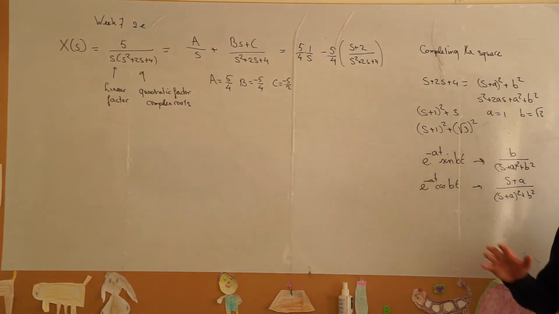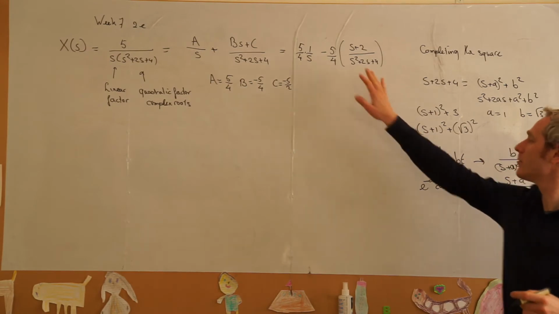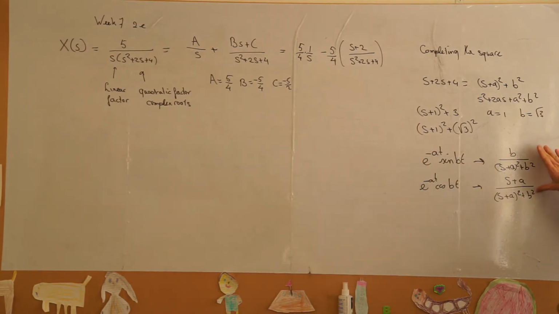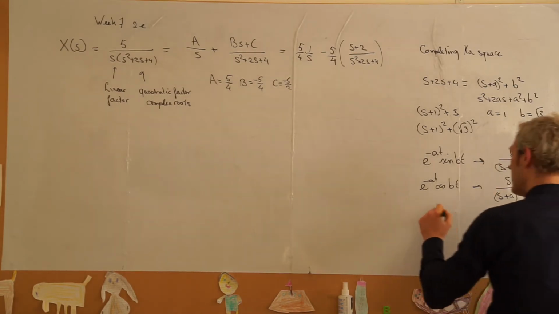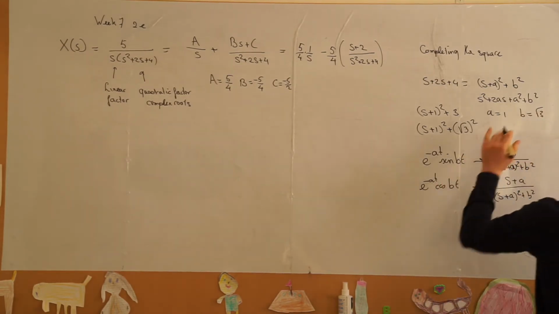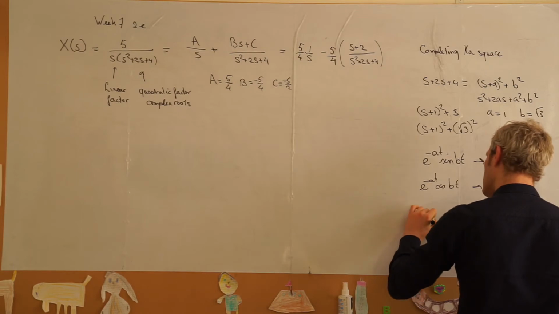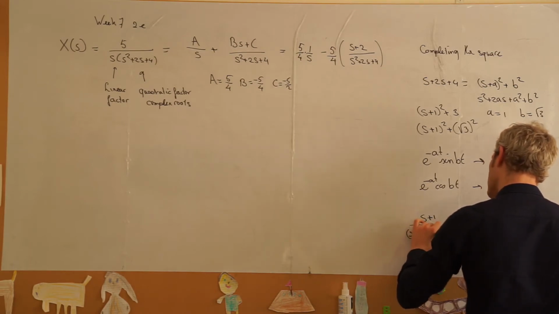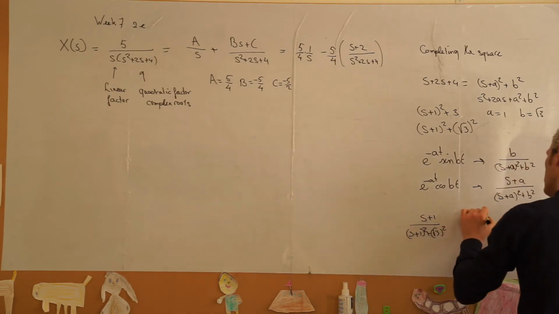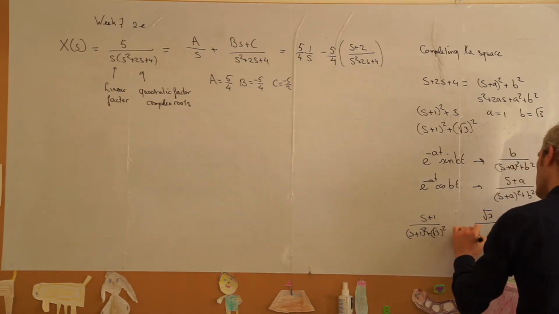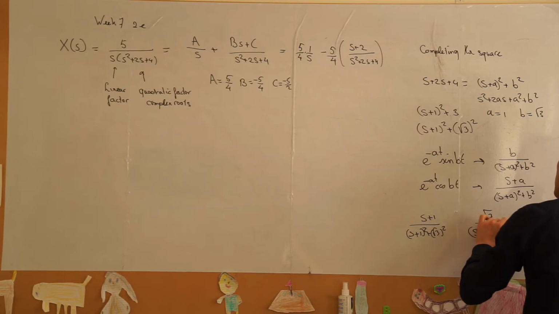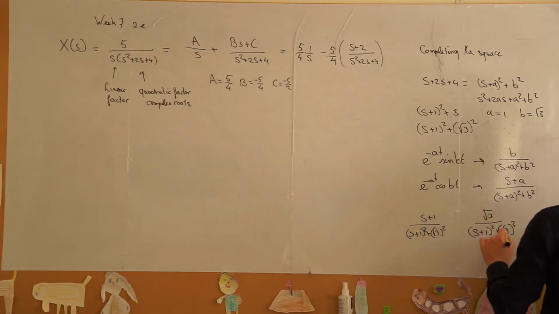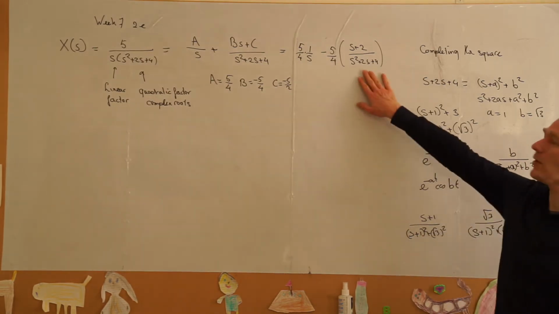So if I can get this part written in terms like these, I can take the inverse Laplace transform. So if I take a and b to be the values that we calculated, I'm looking for s plus 1 over s plus 1 squared plus square root of 3 squared, and I'm looking for square root of 3 over s plus 1 squared plus square root of 3 squared. But I don't have that here yet.